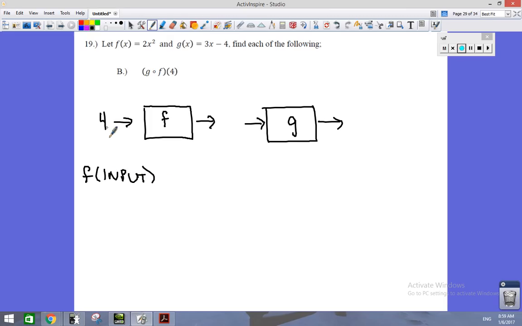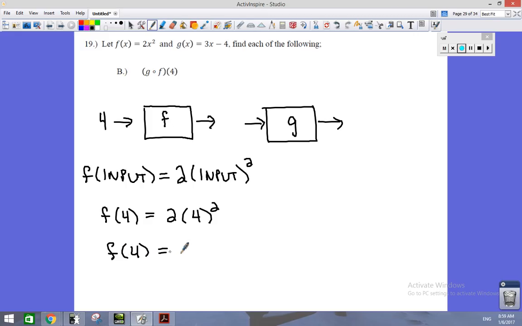Well, f is very consistent. It always takes the input no matter what you give it, and it squares it, and then it doubles it. If we input the number 4, it's going to square it and get 16, and then take 2 times 16, and the output is going to be 32, right?